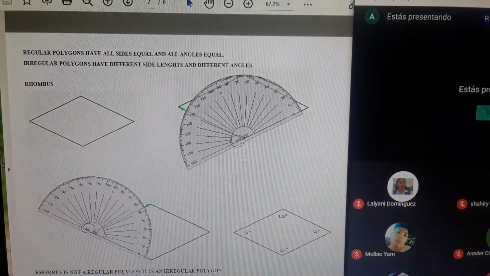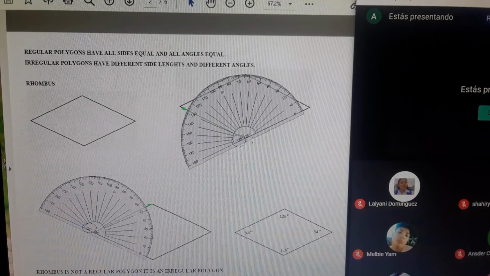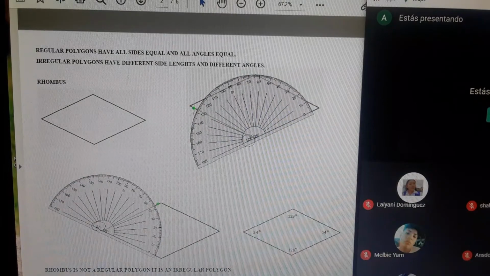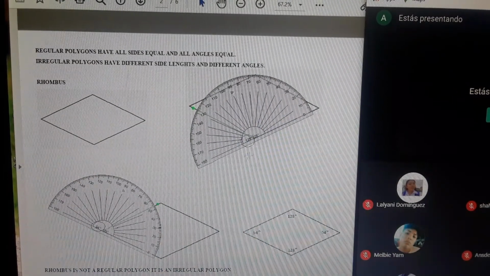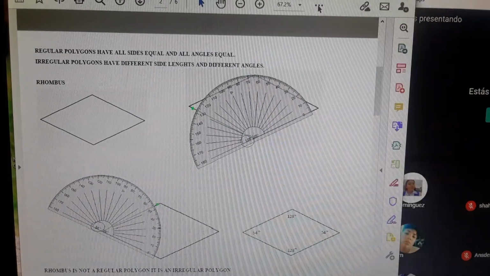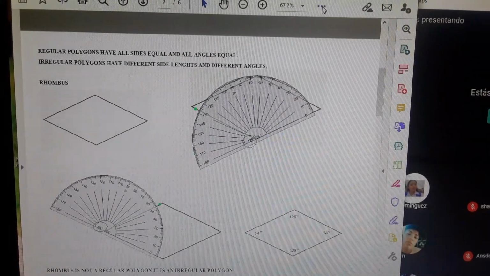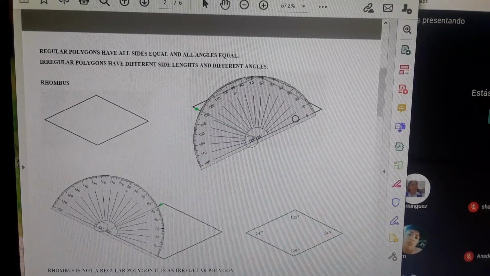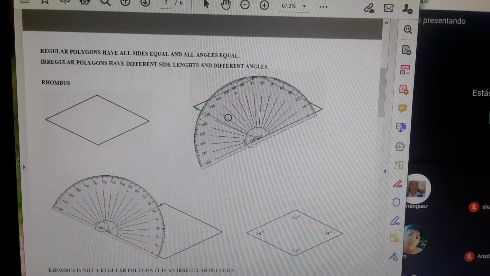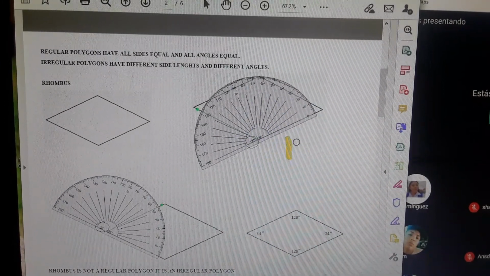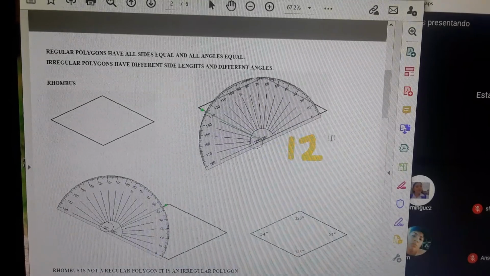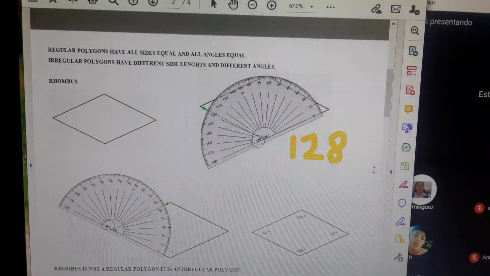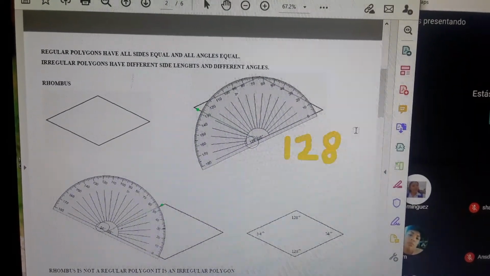I can see that if I put my protractor this way, and I measure from this to this right here, this area right here, I am going to get 128 degrees.